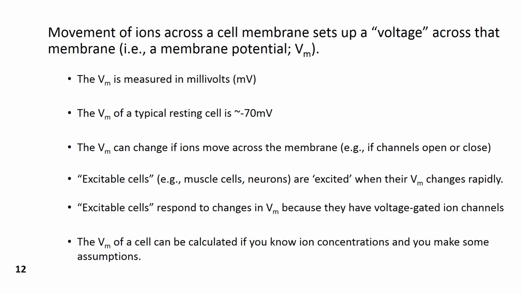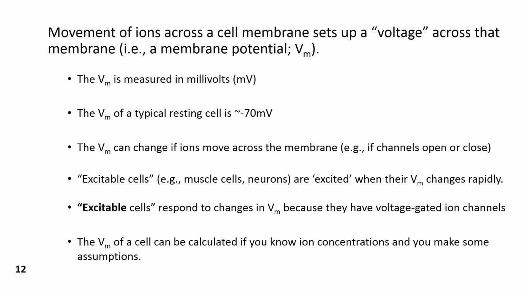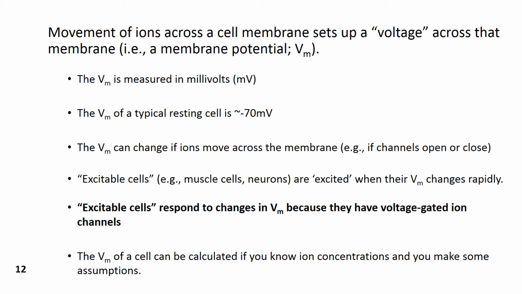Excitable cells, like muscle cells and neurons, become excited when the charge distribution or voltage across the membrane changes rapidly. Here is a key point. Those excitable cells respond to changes in voltage across the membrane because they have voltage-gated ion channels.